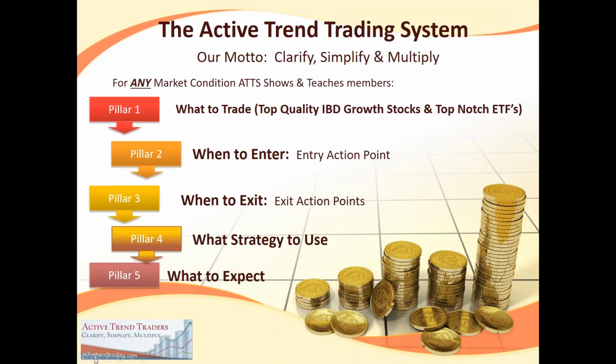I want to remind everybody that the Active Trend Trading System, our motto is clarify, simplify, so we can multiply, based on the 5 pillars of trend trading, which is identifying what to trade. We only trade top quality IBD growth stocks and top-notch ETFs. When to enter, we define; when to exit, what strategy we're going to use, and what to expect.